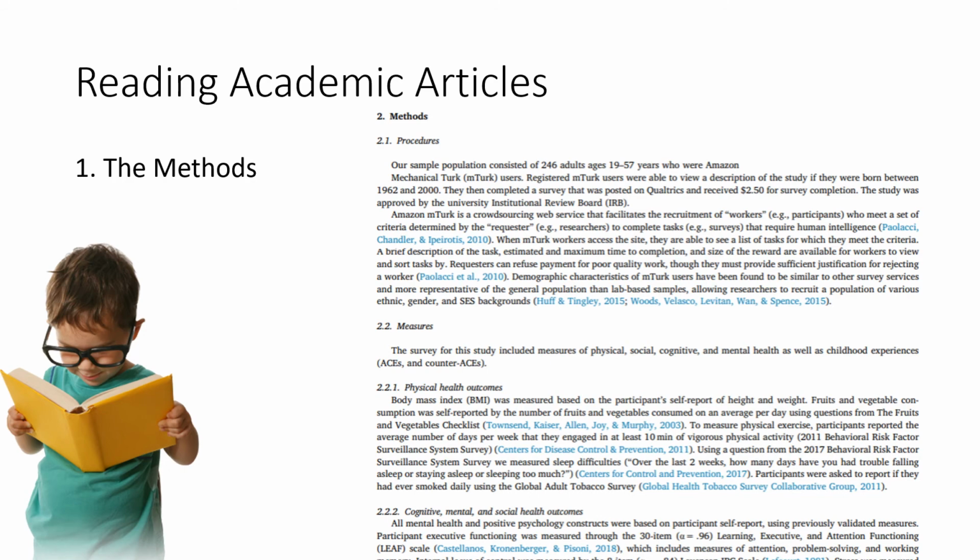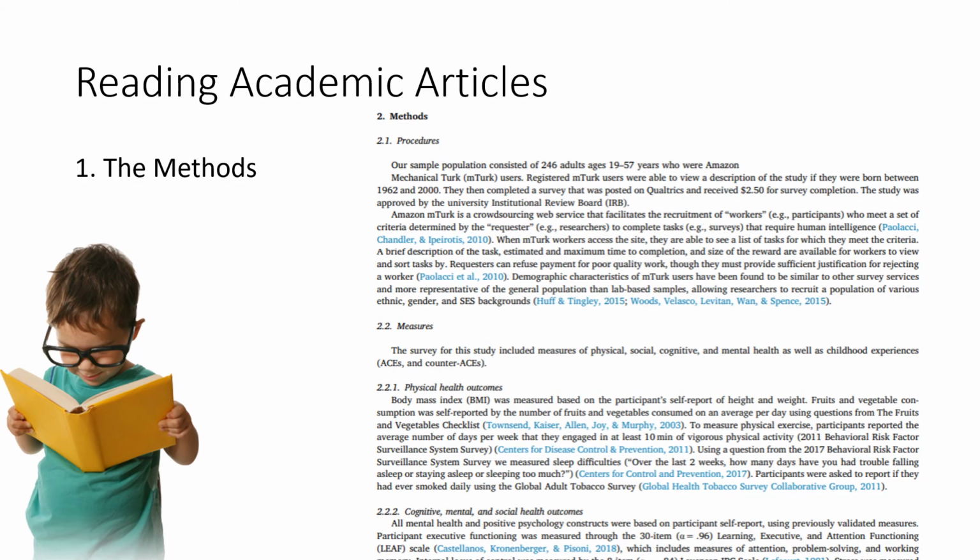After that, they're going to outline their measures. You can see section 2.2 is measures. If there were any questionnaires or other modes of data collection that were used, they're going to outline them here. For any variable that the researchers reported in their data analysis, they're going to have to describe how they got that information and what measures they used to get it. For example, in section 2.2.1, it says physical health outcomes.